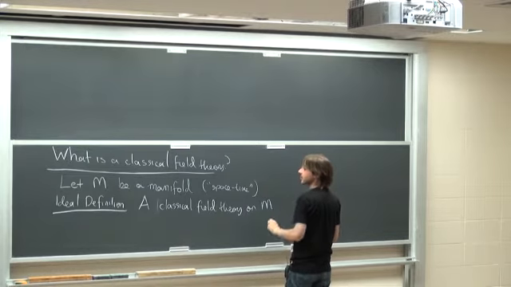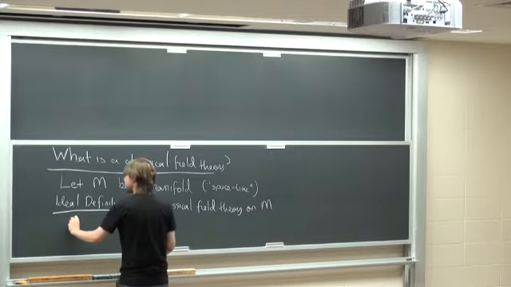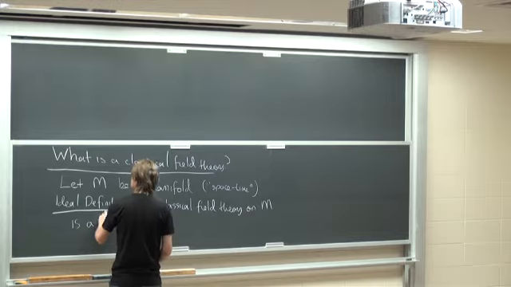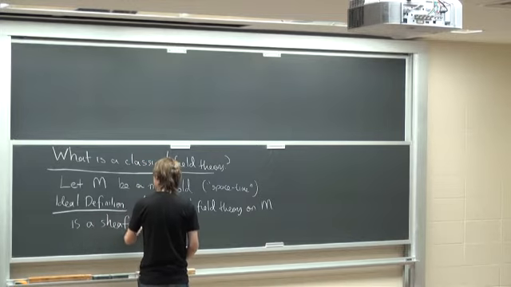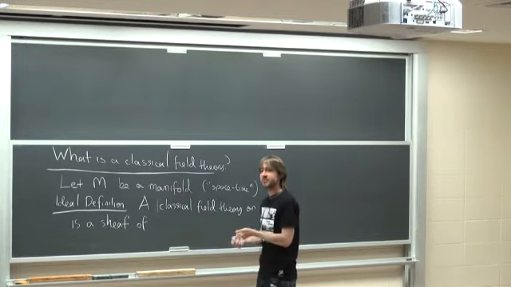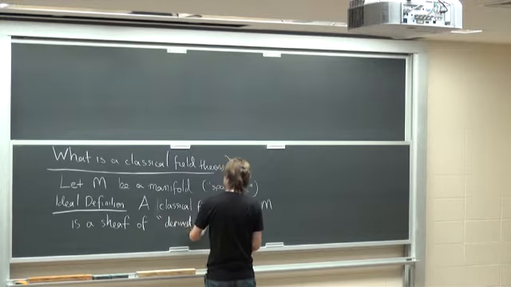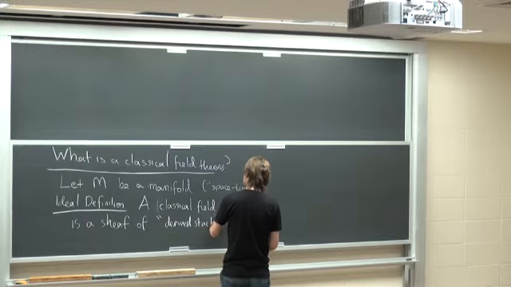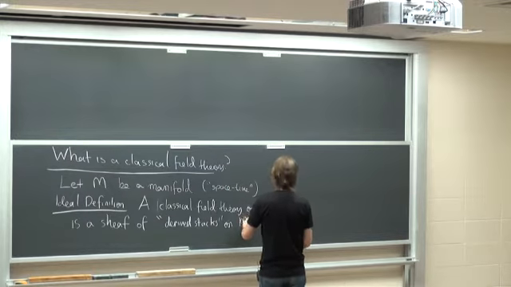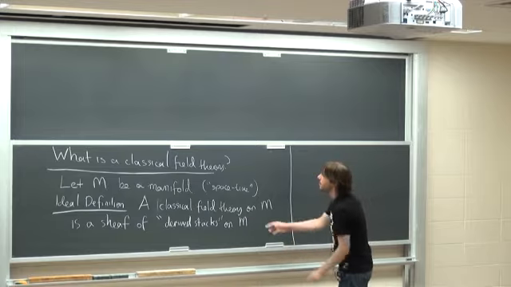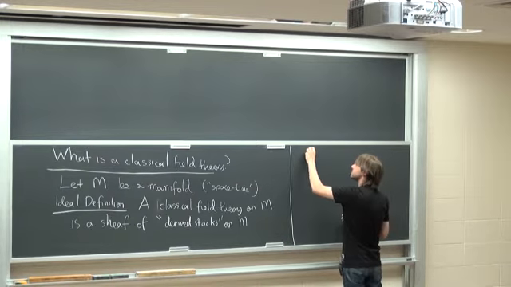So a classical field theory on M is a sheaf on M, but a sheaf taking values in some very fancy category, so a sheaf of derived stacks of some kind, equipped with a Poisson structure.